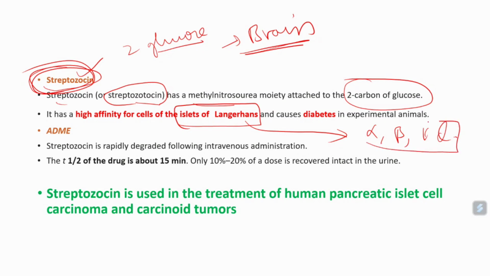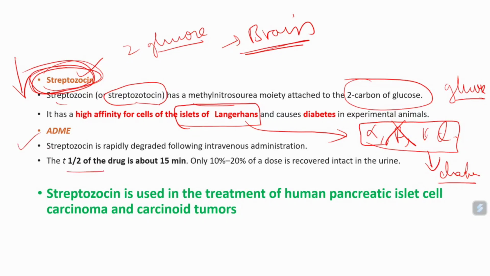All these cells are endocrine cells, which are very important in maintaining homeostasis, particularly of glucose. So this streptozotocin will destroy the beta cells, and with that it will cause diabetes. Simple. That's why streptozotocin is very less commonly used in hospital. It is given through the IV route, its half-life is 15 minutes, and 10 to 20% of the dose is recovered intact in the urine.